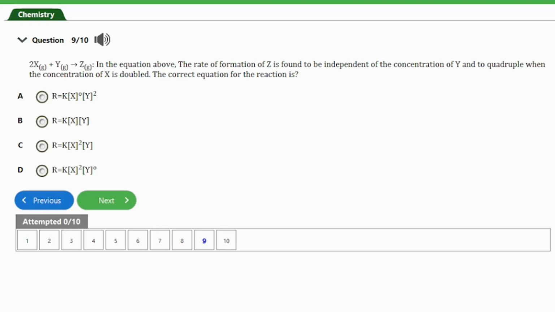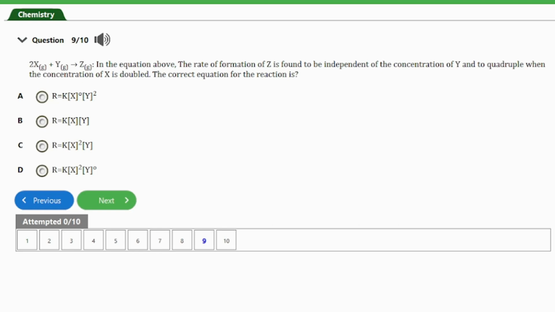And then B, R is equal to K times concentration of X times concentration of Y. C, R is equal to K times concentration of X to the power of 2 times concentration of Y. And then D, R is equal to K times concentration of X to the power of 2 times concentration of Y to the power of 0.